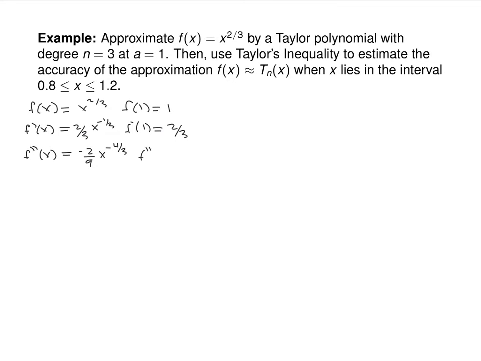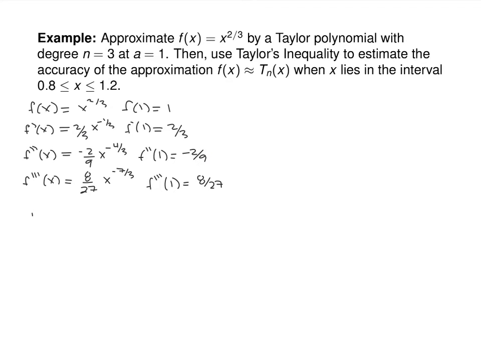So the second derivative at 1 is negative 2/9. And the third derivative is 8 over 27 times x to the negative 7/3. And so inputting 1 there, the third derivative at 1 will be 8/27.